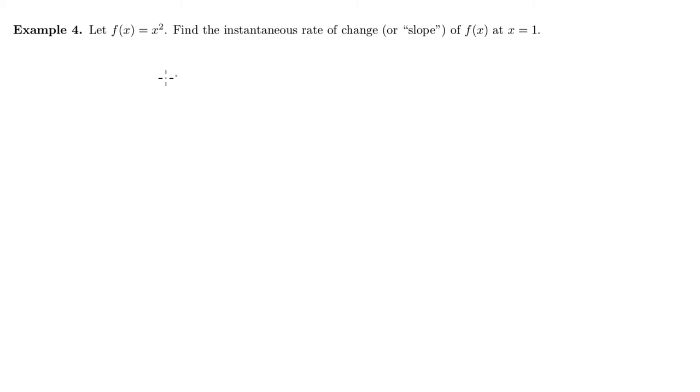Okay, so our function here is x squared. So x squared looks something like this. It's a parabola. Here's x equals 1. Okay, and so how in the world are we going to figure out what the instantaneous rate of change is?